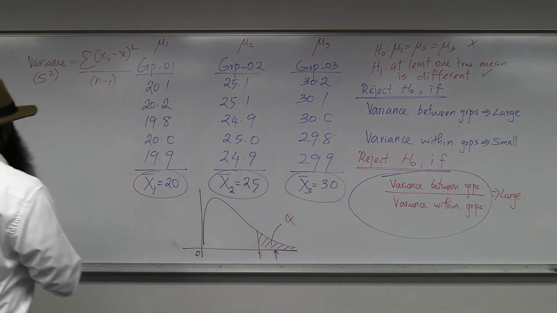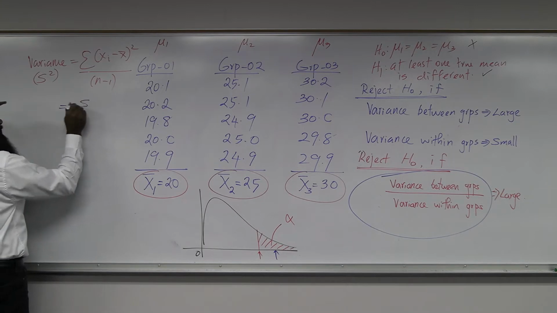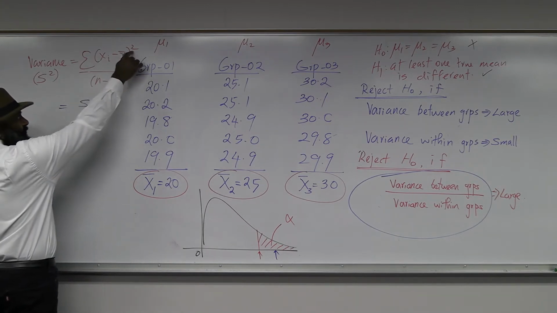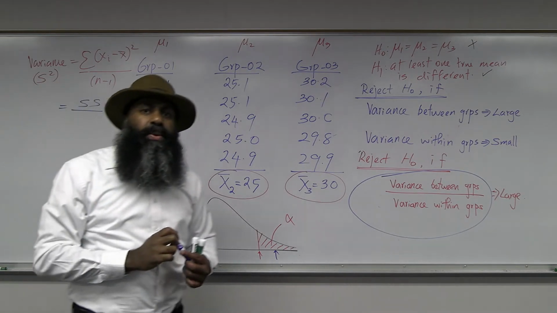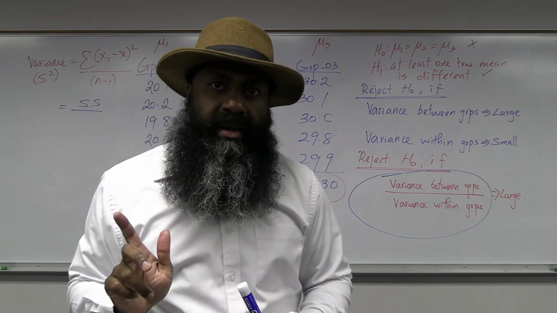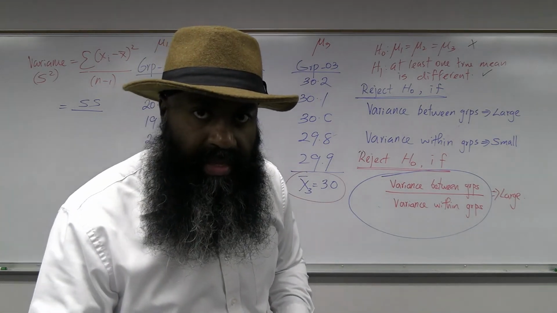So variance is actually written as sums of squares, because this is a summation, these are the squares, divided by n minus 1. Now what is n minus 1? What's a specific scientific name that we gave for n minus 1? N minus 1 is always called the degrees of freedom, right?